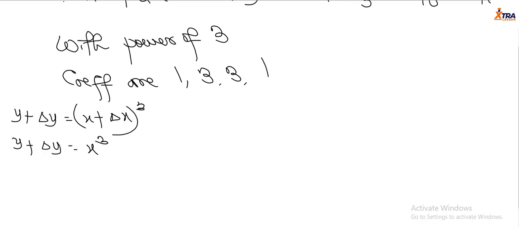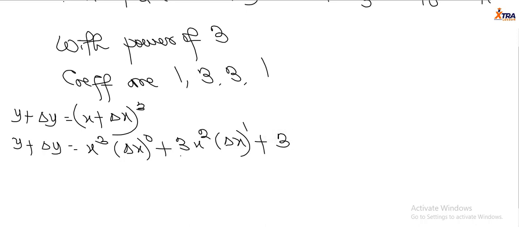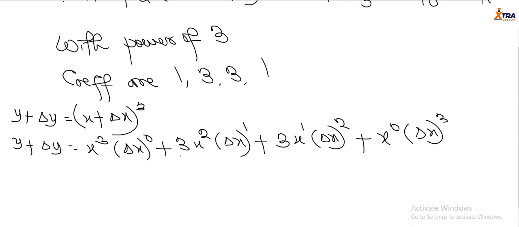Then delta x, the lowest power being 0, plus 3x to the power 2 delta x to the power 1, plus 3x to the power 1 delta x to the power 2, plus 1 delta x to the power 0 times delta x to the power 3.